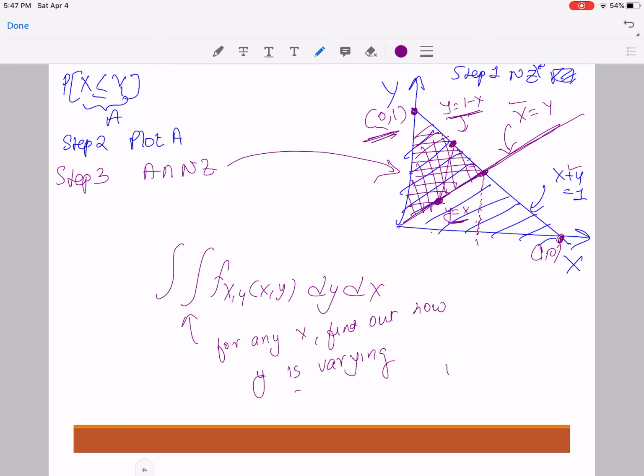For the inner integral, for any x, find out how y is varying. In our case, it was from x till 1 minus x. Then for the outer integral, the lower limit will be the minimum value of x in that region. In this case, the minimum x is equal to 0, all the way to the max x in that region, which in this case is equal to 1/2.